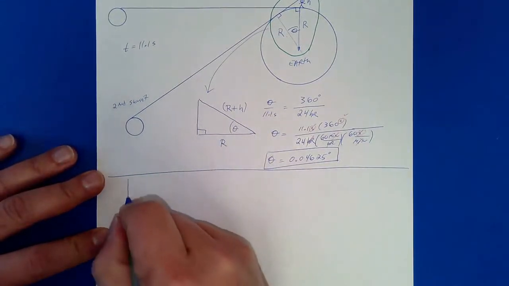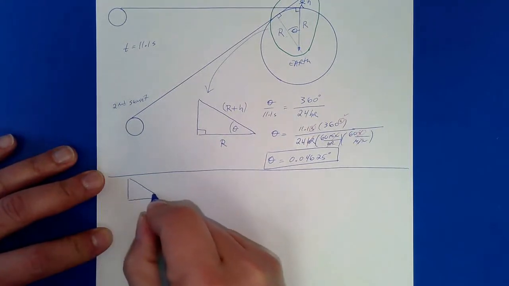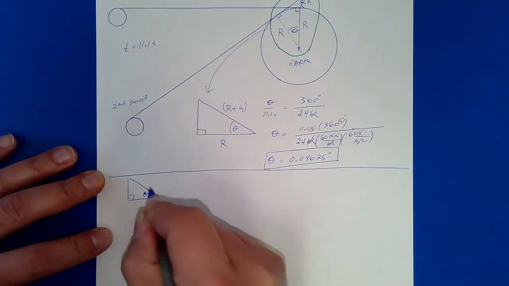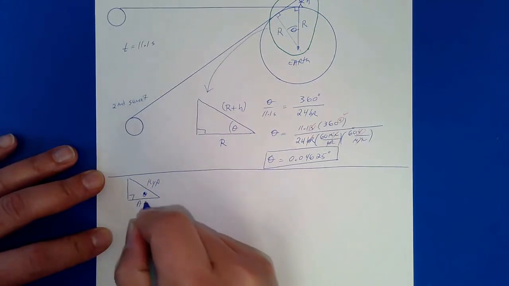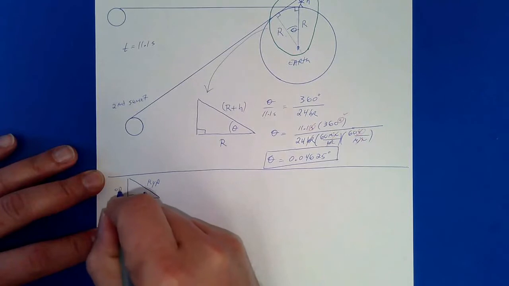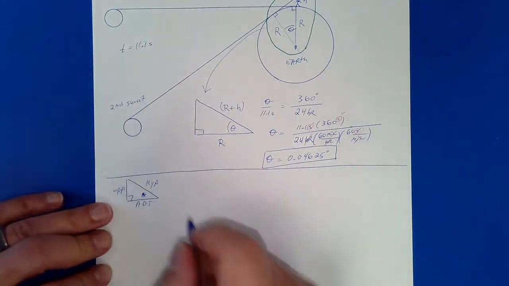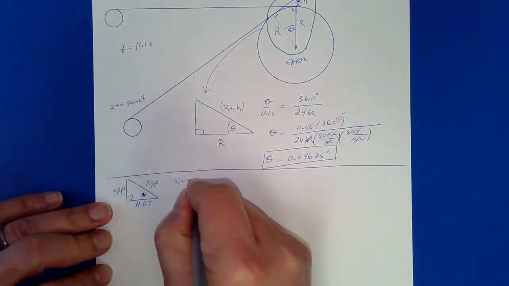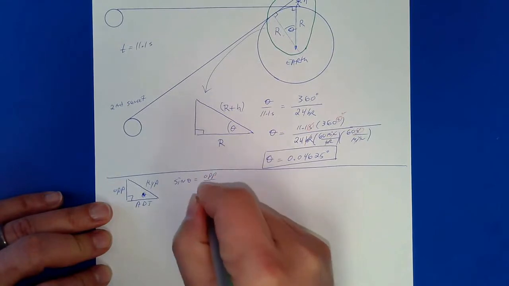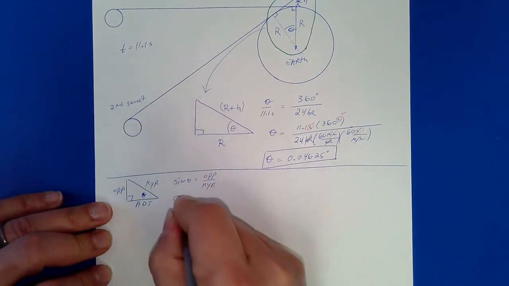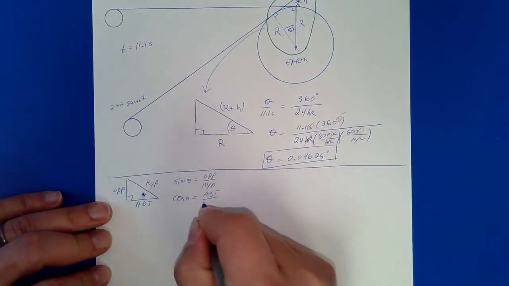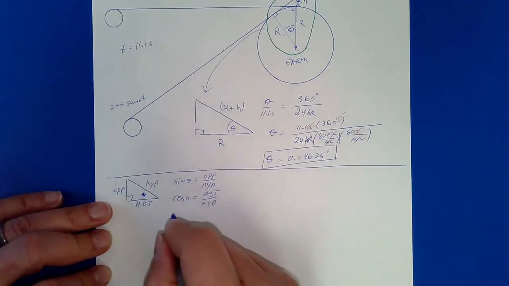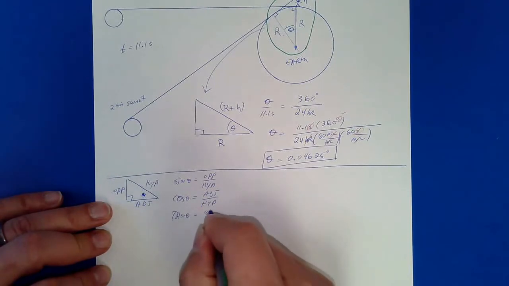Just a quick review: for this angle, sine equals opposite over hypotenuse, cosine equals adjacent over hypotenuse, and tangent equals opposite over adjacent.